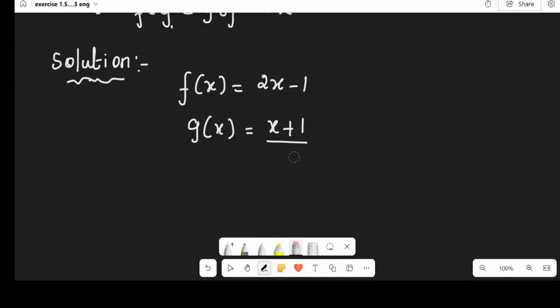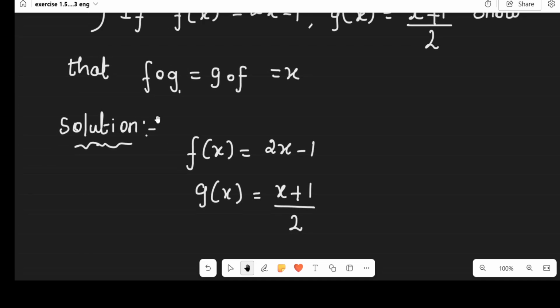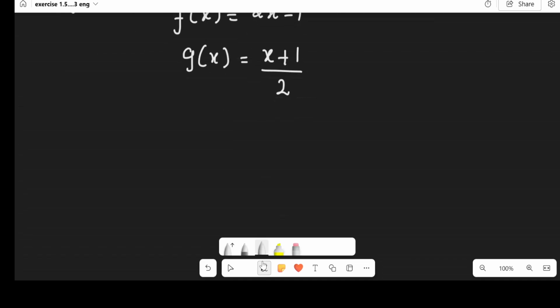Here, what do we have to find out first? F of g, right? F of g. So for that, what is f of g? How can we expand this f of g according to the previous concept?